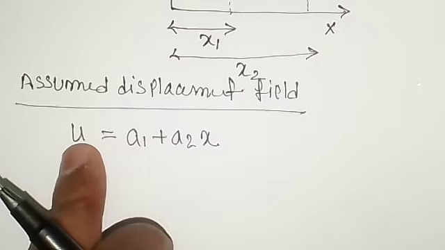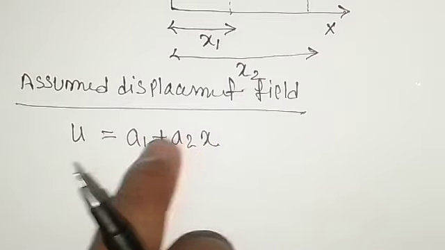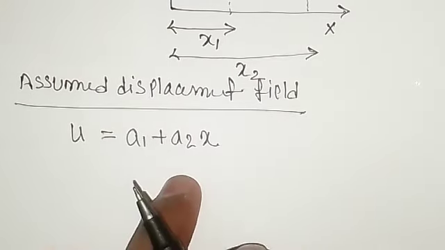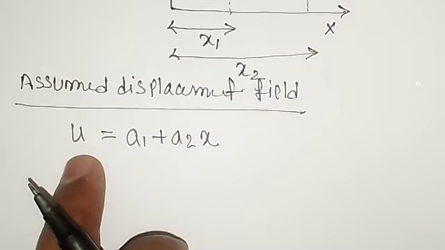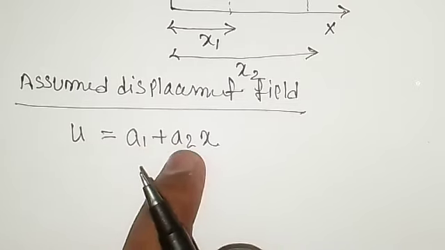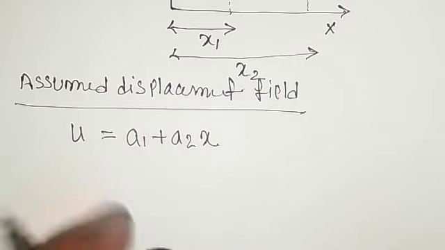So this displacement is varying with respect to this position x, and a1 and a2 are the arbitrary constants, right? So first of all, to get the nodal displacement, you have to find out the arbitrary constants a1 and a2. Those a1 and a2 values we have to substitute further into this equation and then we'll get the step function.